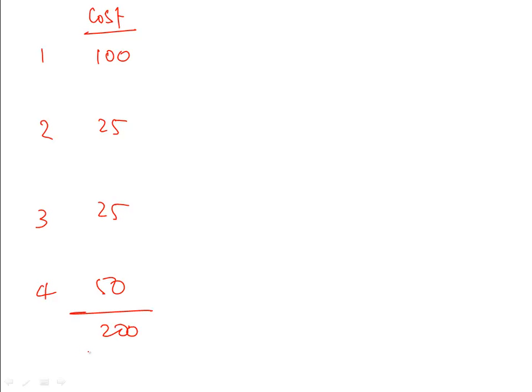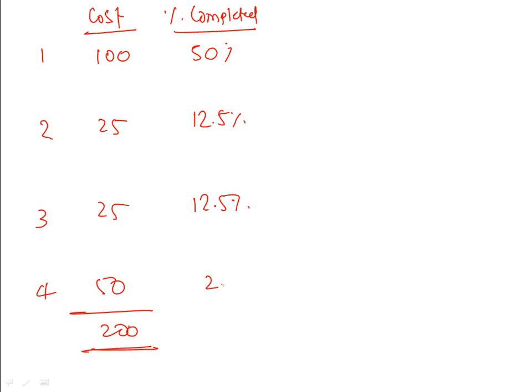This is your year 1, 2, 3 and 4. First we'll say cost, which was 100, 25, 25, 50. Total cost is 200. Percentage of project completed, 100 as a ratio to 200, 50%, 12.5%, 12.5% and 25%, total 100%.